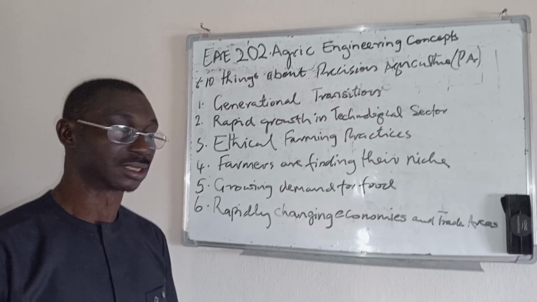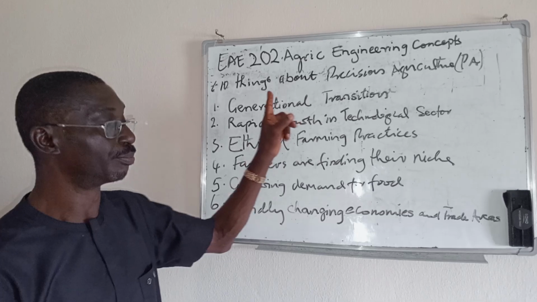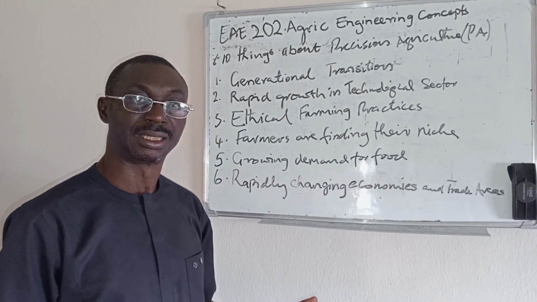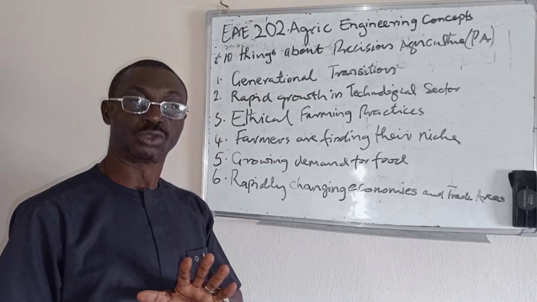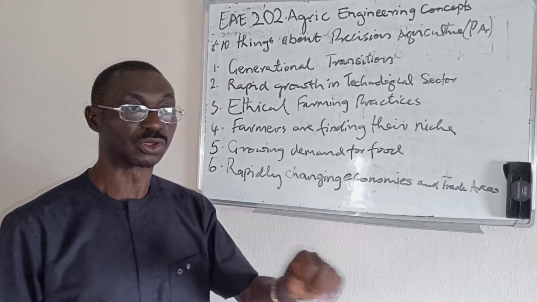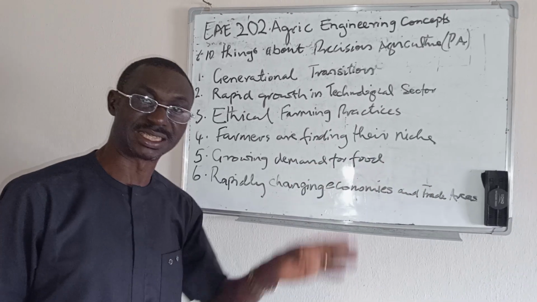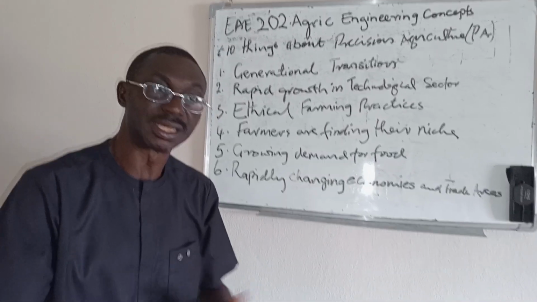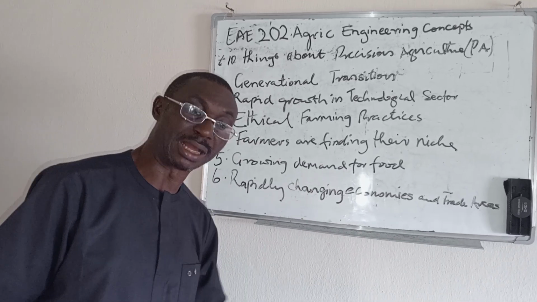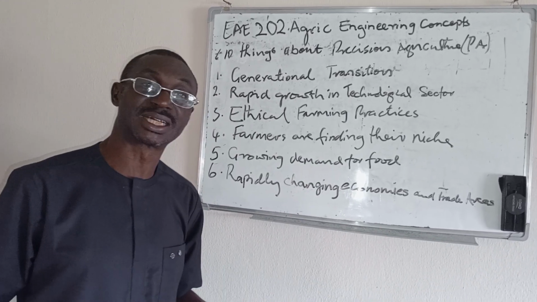So this PA has given rise to economies to change. The things people were not doing before, they are doing now because production has increased, productivity has increased. And as such, the many activities they do in order to attract finance into their pockets have increased.